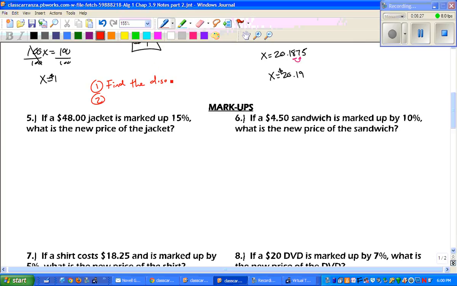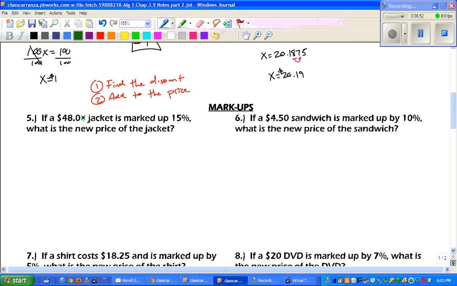Sorry, Mr. Grice is blanking in his old age. So find the discount and markup. This time we're going to add to the price, because sometimes companies, to make money, charge more than what it really is. So everything else is the same.